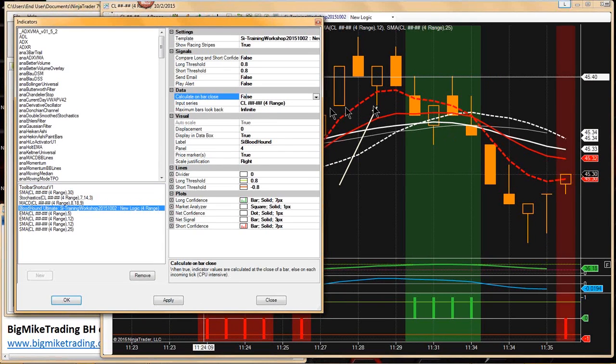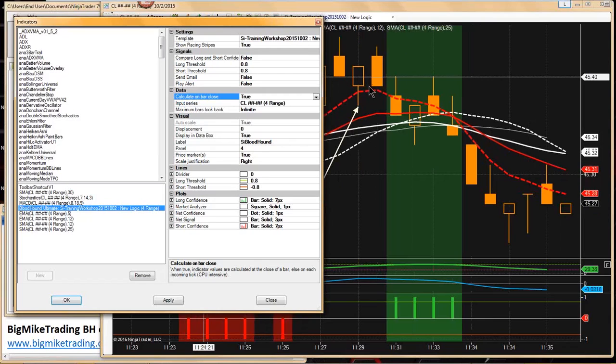So static or historical data on your chart always runs set to true. NinjaTrader cannot calculate historical data with calculate on bar close false. Calculate on bar close false only works in real time. That's just how this setting functions for NinjaTrader.